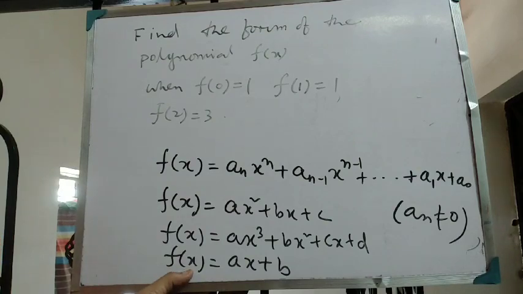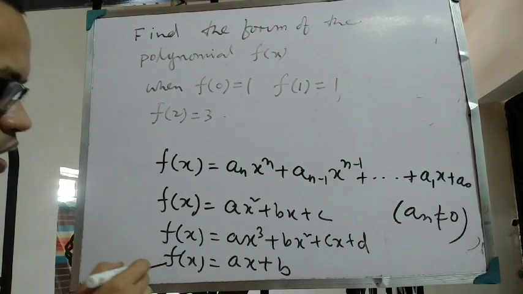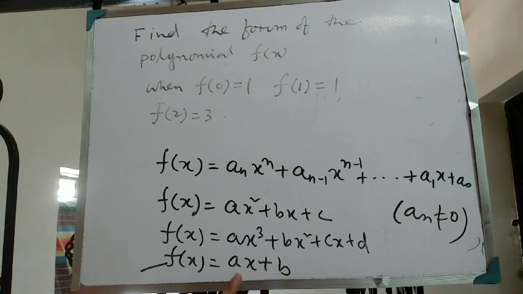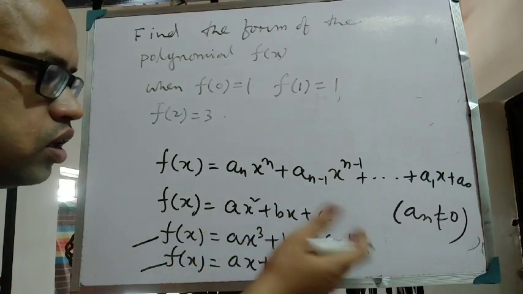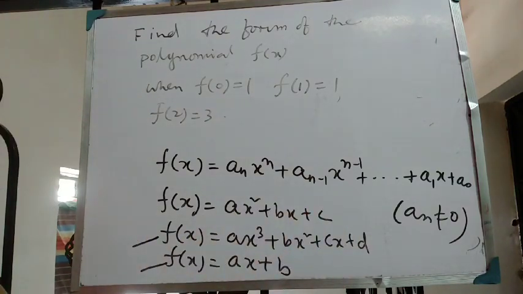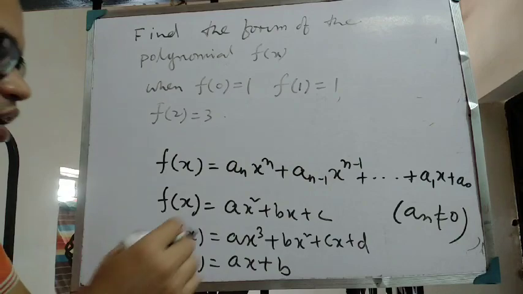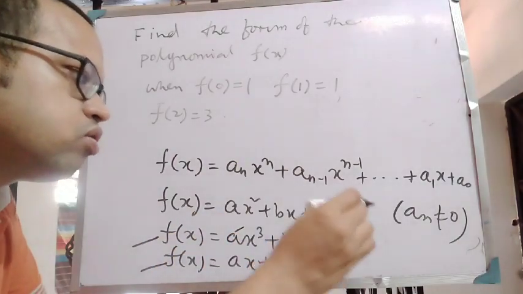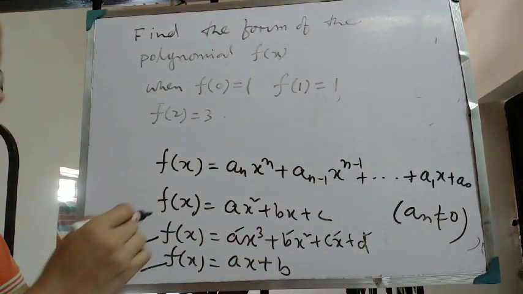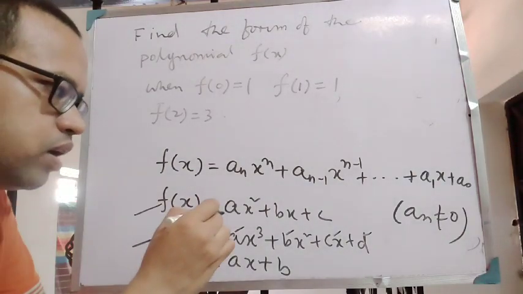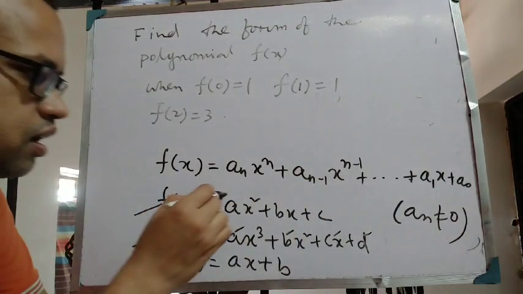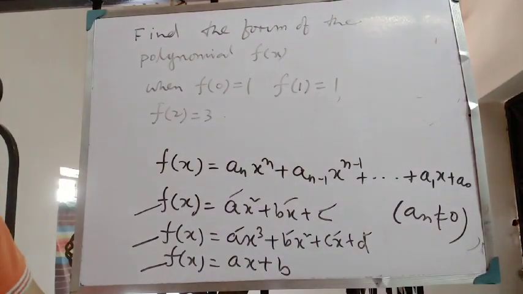Here it is a polynomial of degree 1, but there are two unknown constants a and b. Here it is a polynomial of degree 3, but it has 4 unknown constants. Again, it is a polynomial of degree 2, but it has 3 unknown constants.